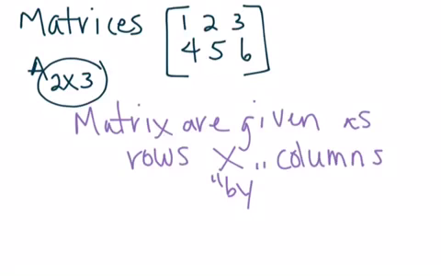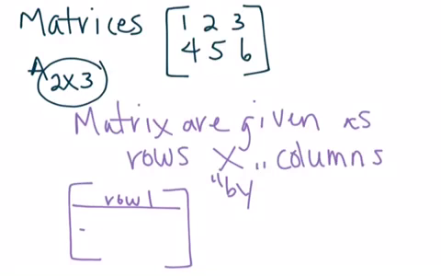When you go to the lumber yard, you buy 2 by 4s, 2 by 6s. Well, matrices are named in the same way. We need to establish, because students always have some confusion, this is row 1, this would be row 2, this would be row 3, and so on. So rows go across.